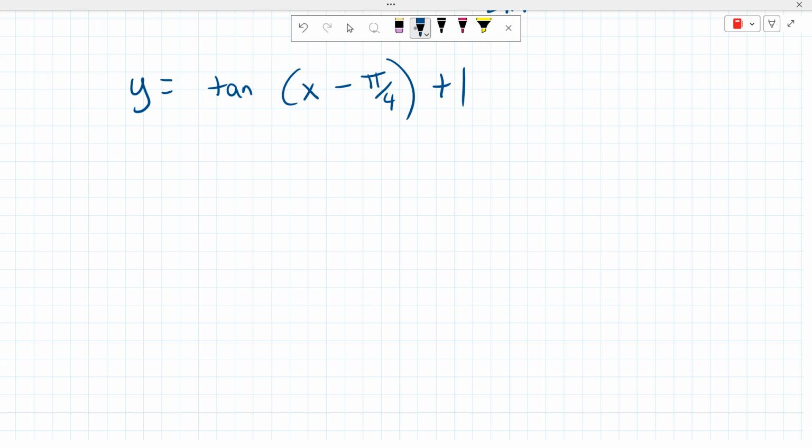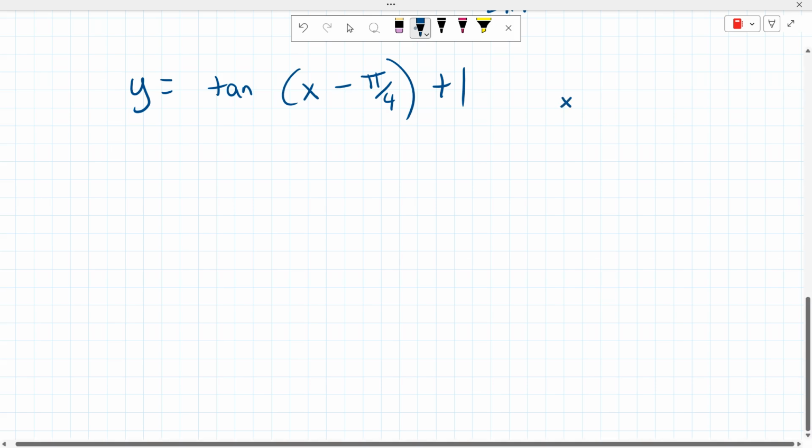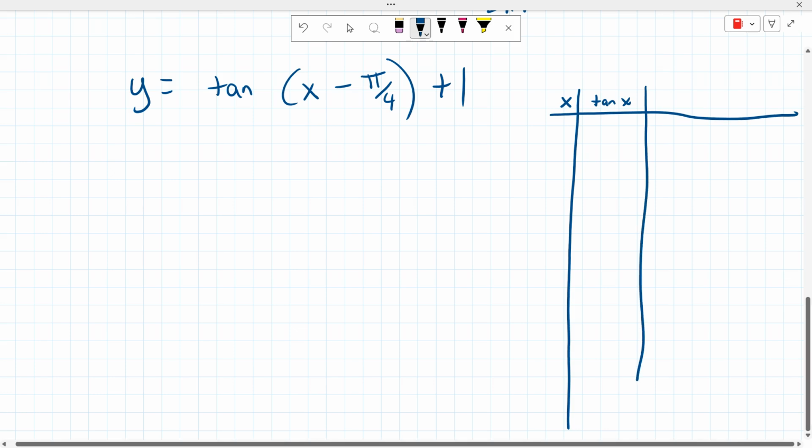So we've got our x values that we're going to put down, and then we've got our tangent of x values that we're going to put down. Okay? Just like we did originally. So at 0, what's the tangent at 0? We said it was 0.